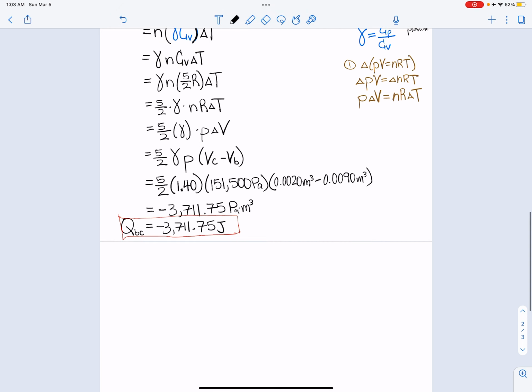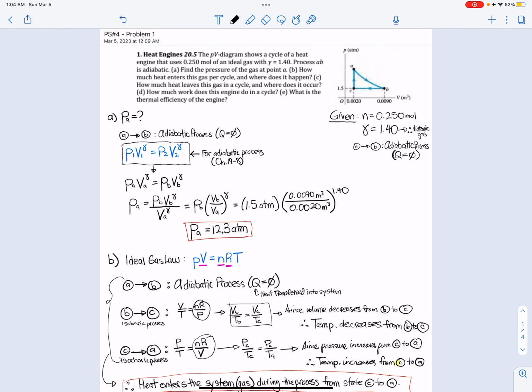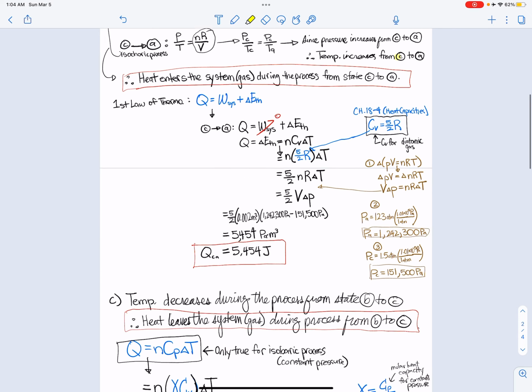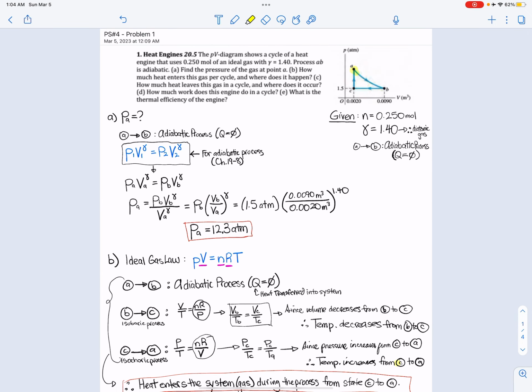Okay. Now let's go to part D. How much work does this engine do in a cycle? All right. So what is the cycle? The cycle starts at state A, and we have an adiabatic process going to state B, and adiabatic means, again, no heat transfer, right?